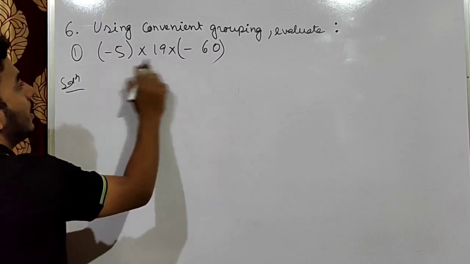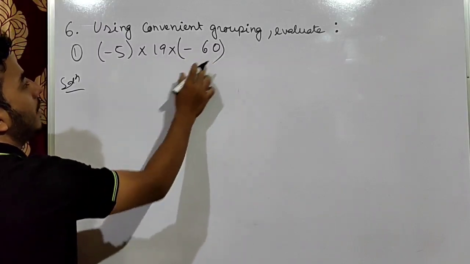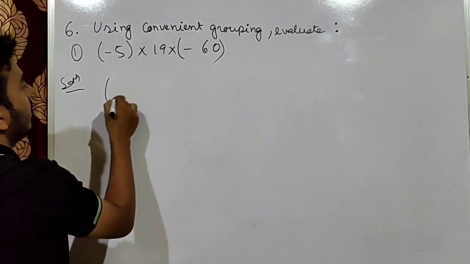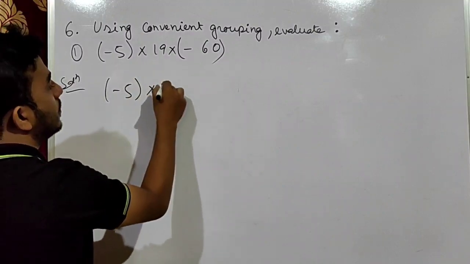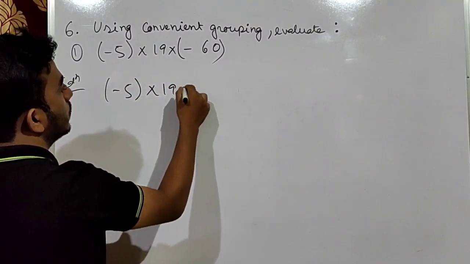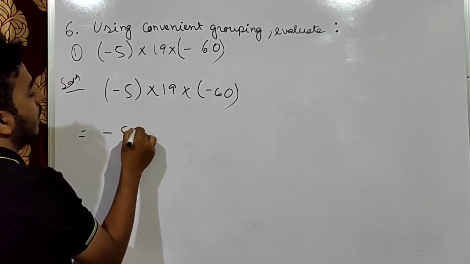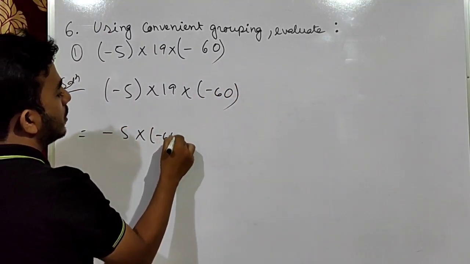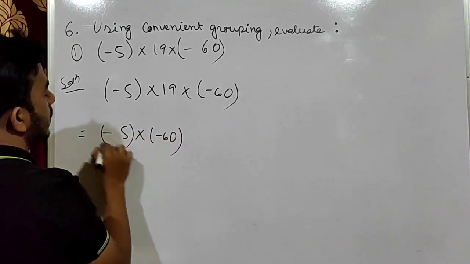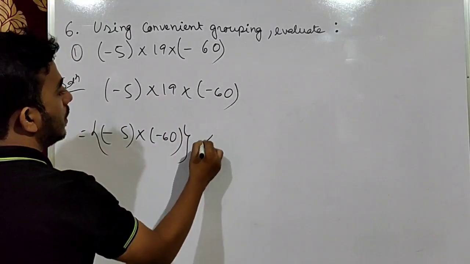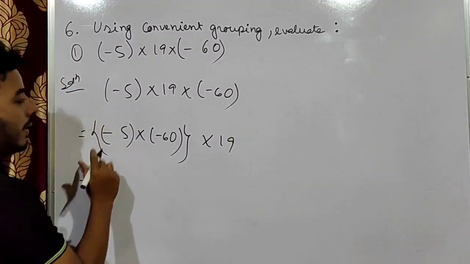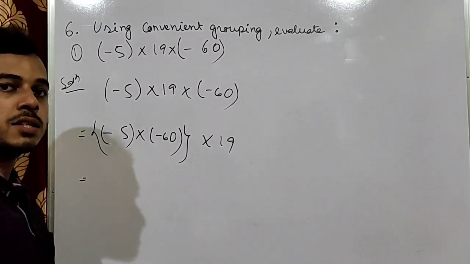So let us first multiply this minus 5 and minus 60. Let me first write this expression: minus 5 into minus 60 into 19.